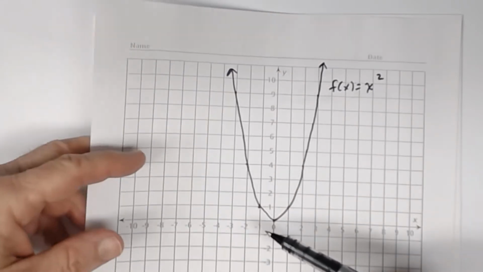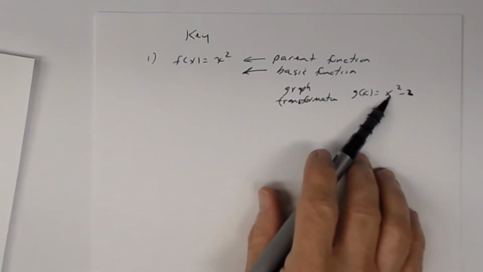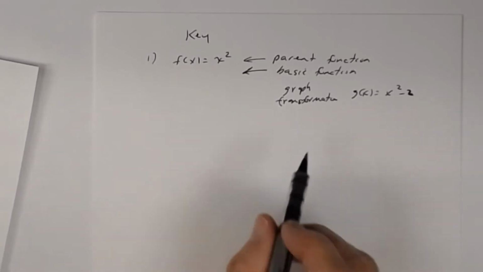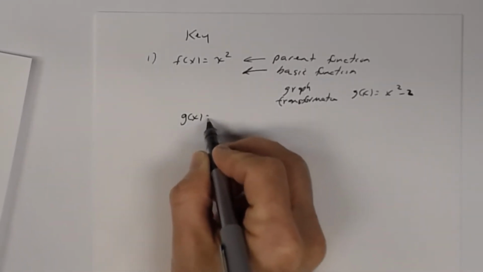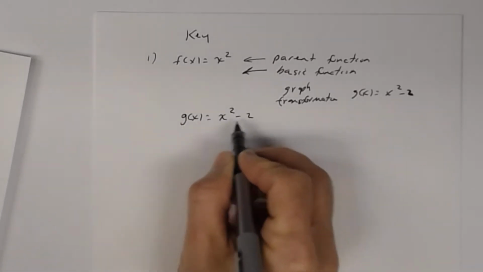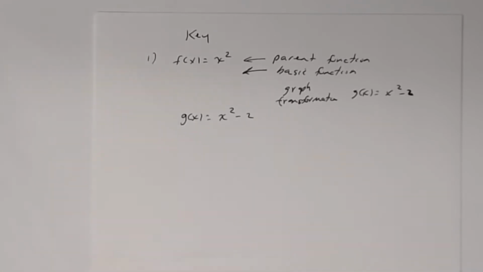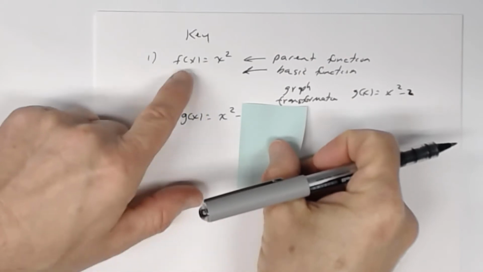Now, what I want to do though is graph g of x, which is x squared, your basic function, minus 2. So what I want you to notice is this. If I rewrite g of x, the function that I want to talk about, notice that this part here, if I cover up the subtract 2, that is f of x, right?